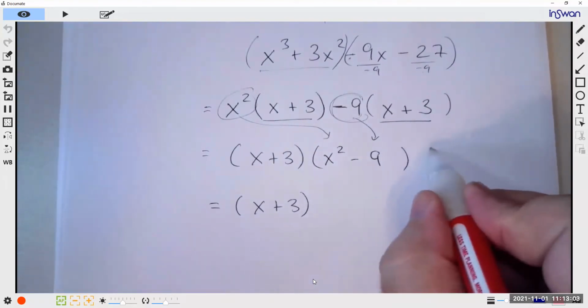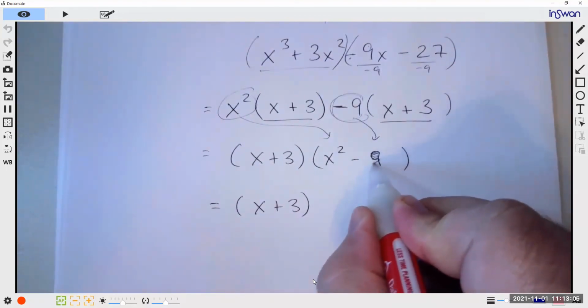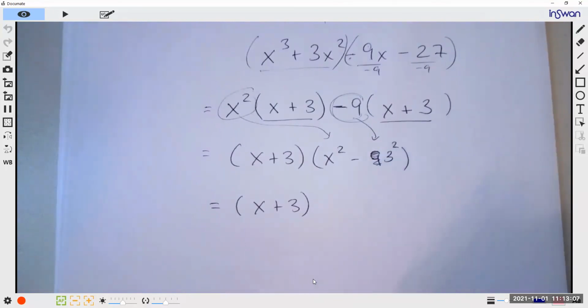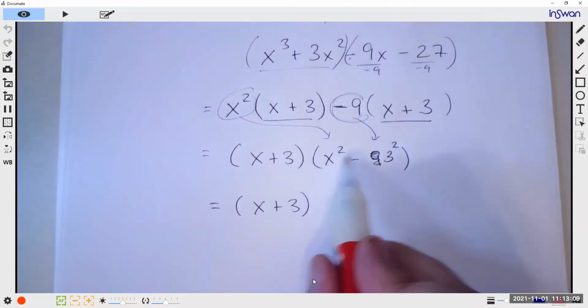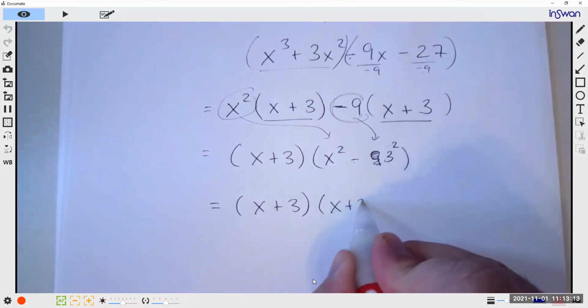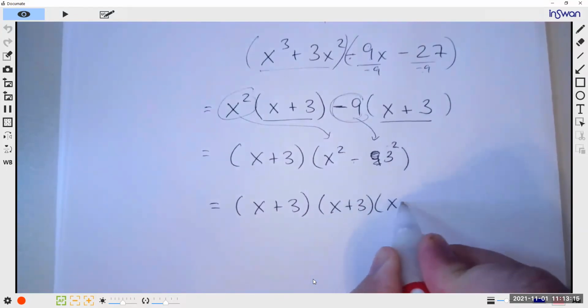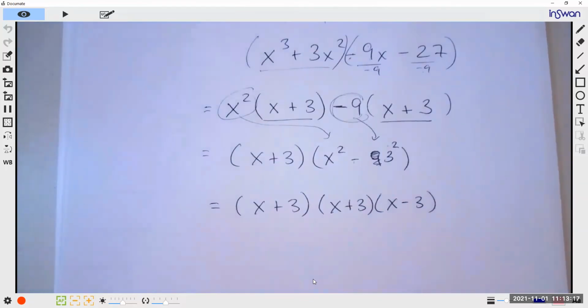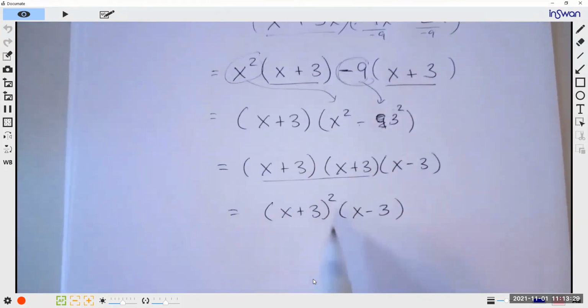Nine is made up of 3 times 3, so this is the same as 3 squared. So it's a difference of 2 squares. So it's x plus 3, x minus 3. Now we have a different multiplicity.